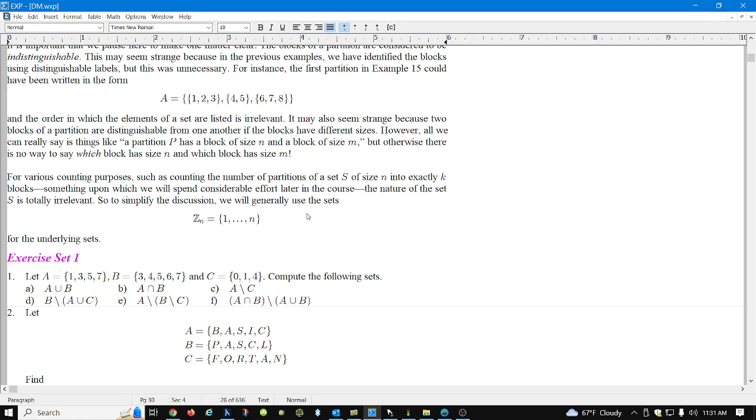If a set has size n, it will have a certain number of partitions regardless of the identities of the elements, numbers, letters, and so on. So oftentimes I'm going to use this set when I'm talking about things like how many partitions does a set of size n have into k blocks. It may as well be this set. It's an easy set to use. Okay? But whatever I say would apply to any set of size n.